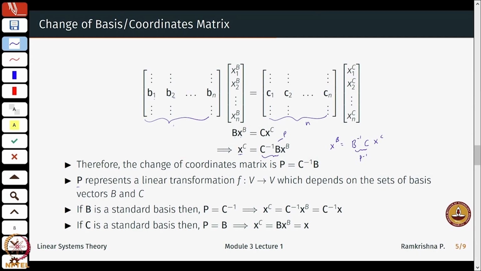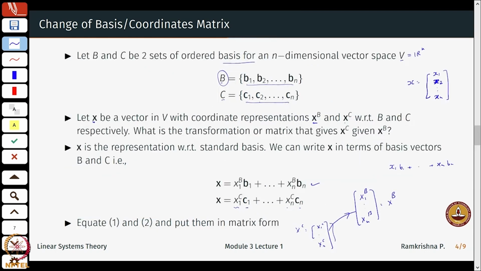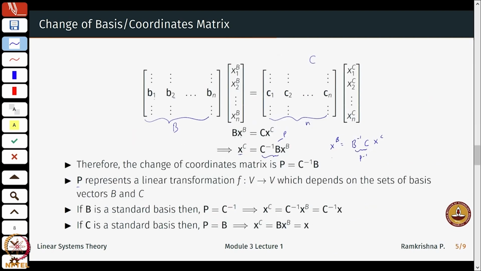These are the basis vectors for B, and these are the basis vectors for C. So the coordinates of the vectors xc and xb can be related via their basis vectors, given by this little relationship. It is a straightforward derivation. If one of them is a standard basis, say B is the standard basis, then P is simply C inverse, because B is just the identity: 1 0 0 0, 0 1 0 0, all the way till 0 0 0 1.